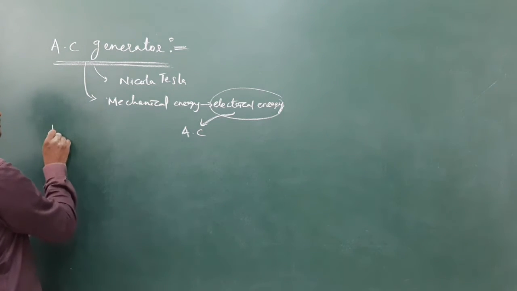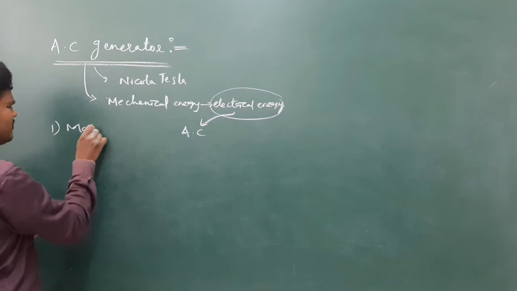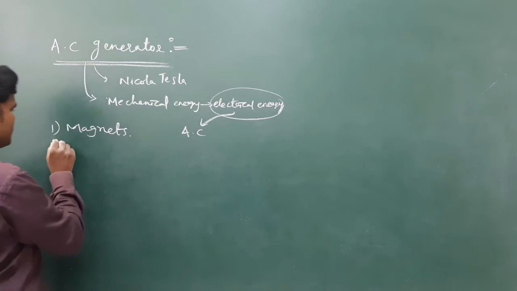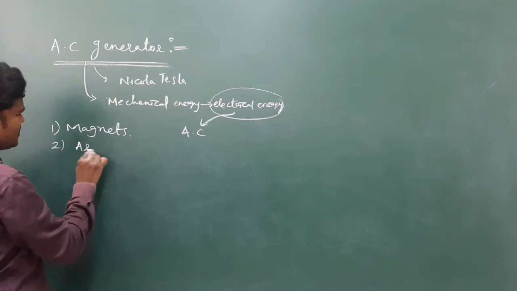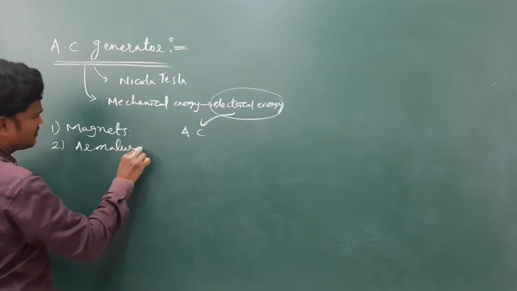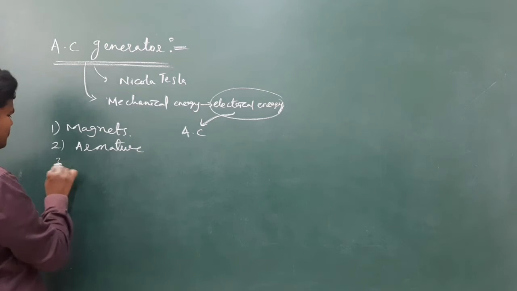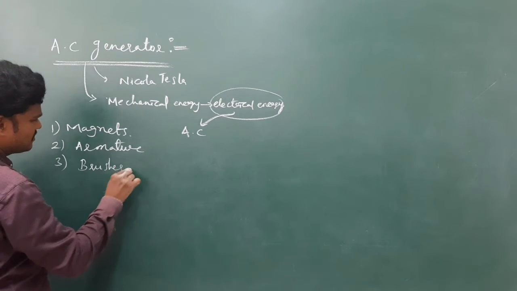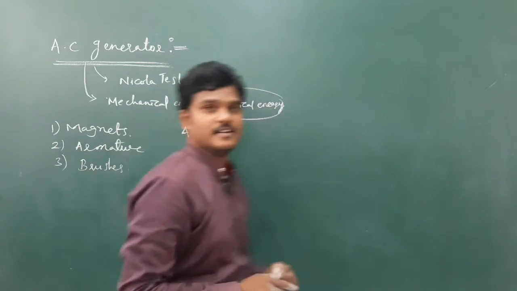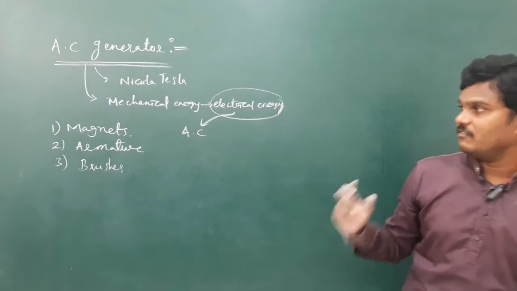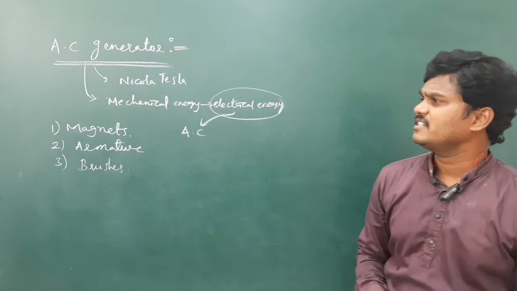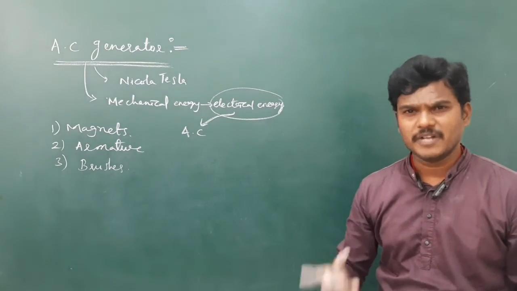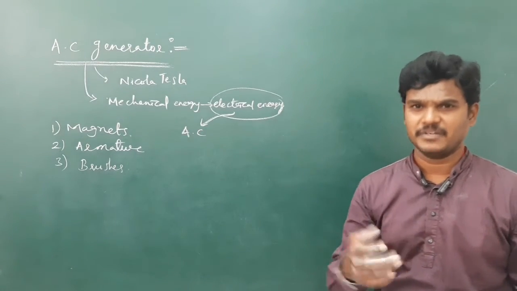One is magnets, other one is armature, other one is brushes. So the AC generator consists of magnets, armature and brushes, and some slip rings.